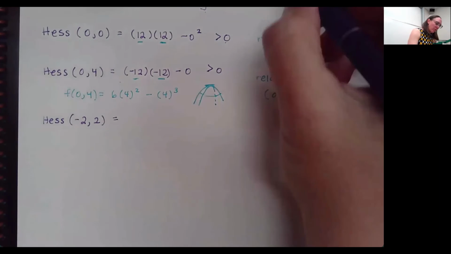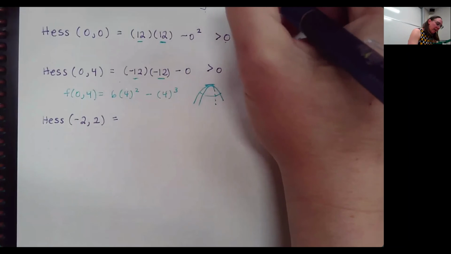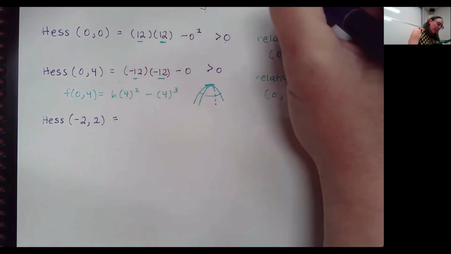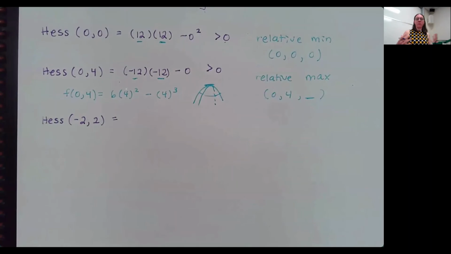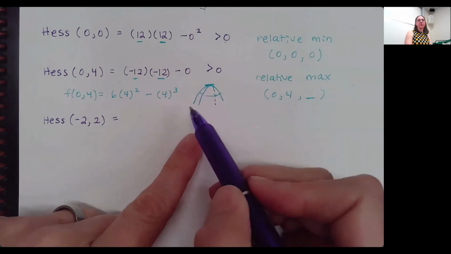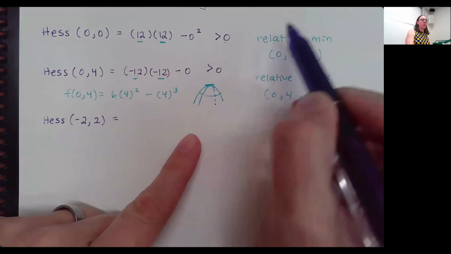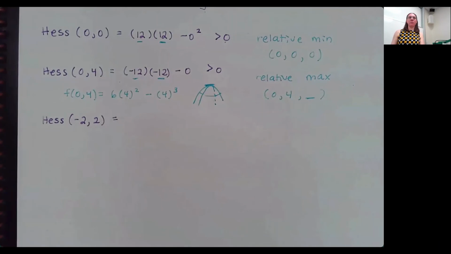They're interchangeable, but the first step is: overall, does that formula give us a positive or a negative? And if that overall formula gives us a positive, then we need to look at the concavities. If the overall formula gives us a negative number, we already know we're at a saddle point.